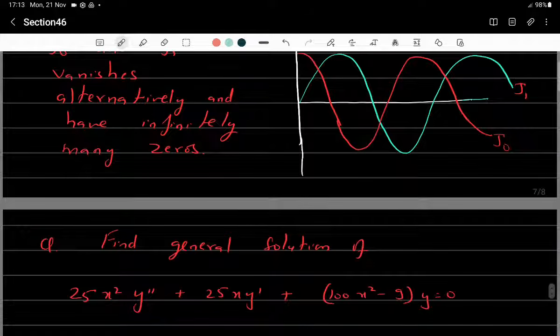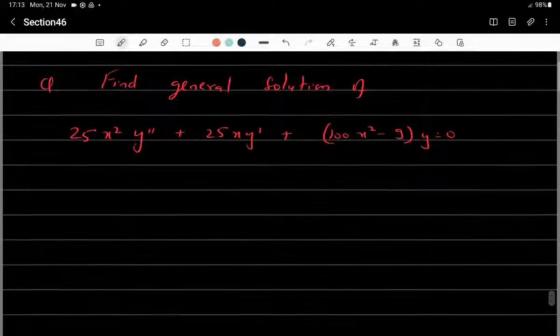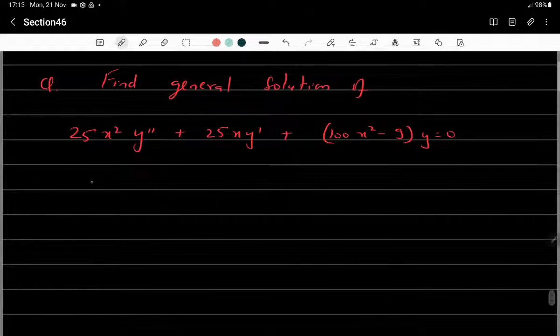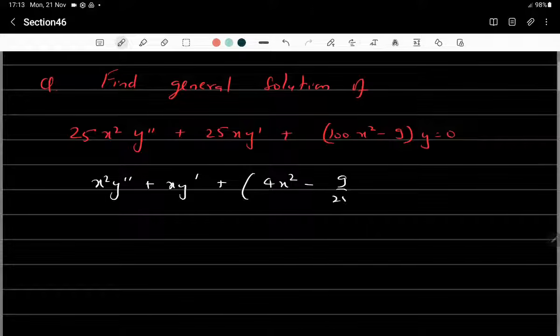Okay, so let's do the last, very interesting exercise from this section. Find the general solution of this given differential equation. If you simplify this differential equation, it looks like x^2 y'' + x y' + (4x^2 - 9/25) y = 0.